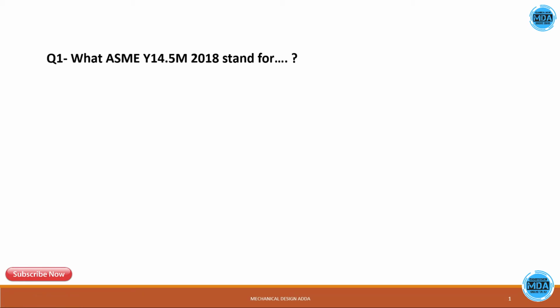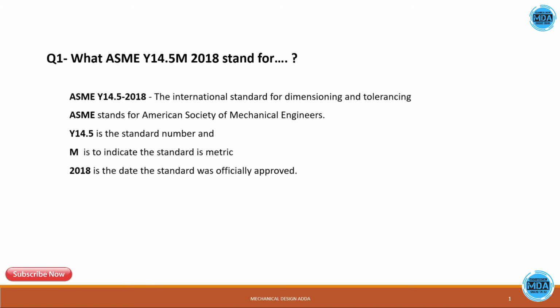So the first question is, what is ASME Y14.5 2018? ASME Y14.5 2018 is the latest standard. The previous standard is ASME Y14.5 2009. ASME stands for American Society of Mechanical Engineers, and Y14.5 is the standard number.